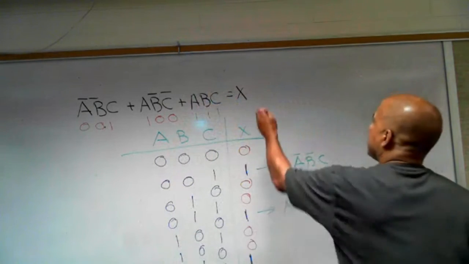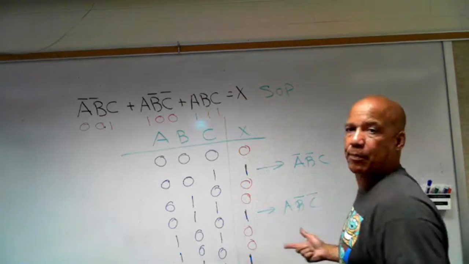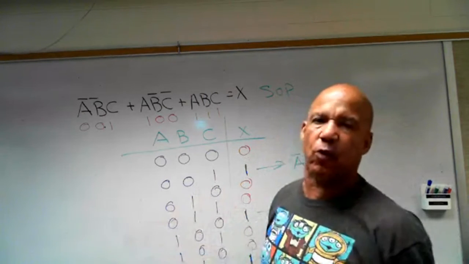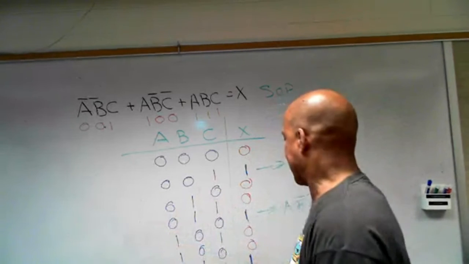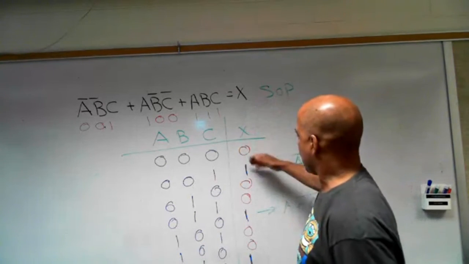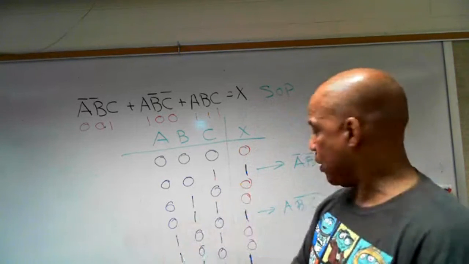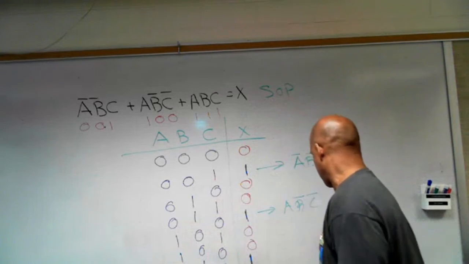So this is a SOP for this truth table. Well, I can get a POS from this too. It's not useful for what we're doing, but you can actually do it if you wanted to. Because remember, the SOPs are where all the 1s are in the truth table. The POS, those are the zeros. So this is actually a term of a POS.